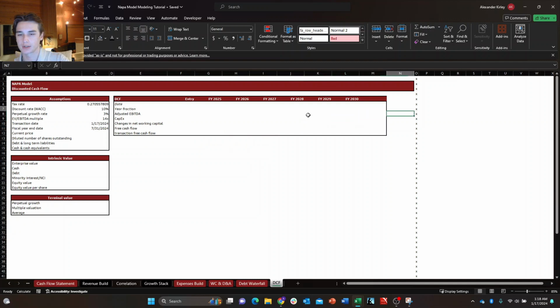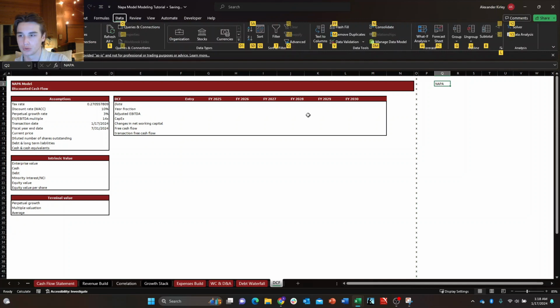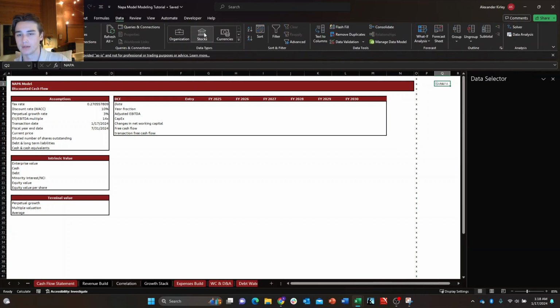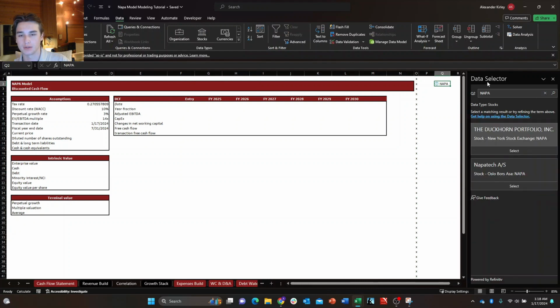What we're going to do actually is use an out of worksheet link to generate this. So I'm going to type the ticker over here, and then what I'll be doing is going to data here, and then you see stocks, right? So it's going to convert this cell into a stock that links to, I believe, Google.